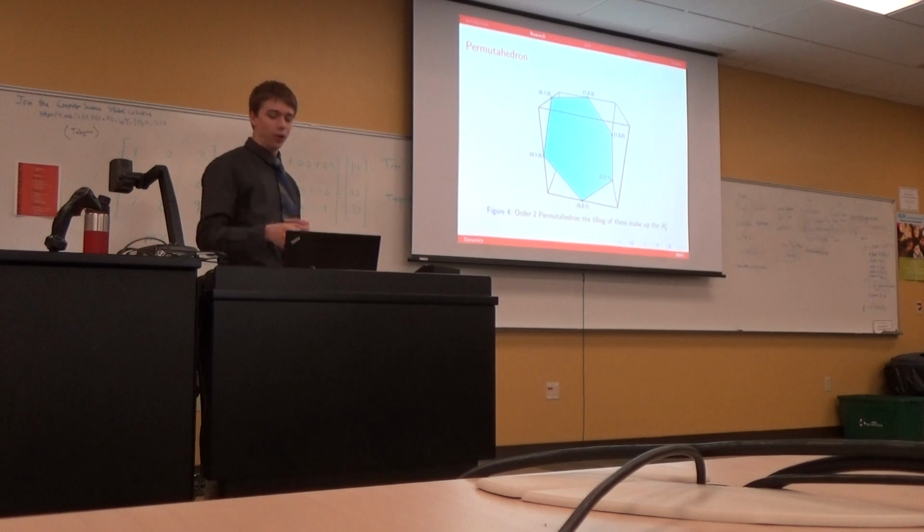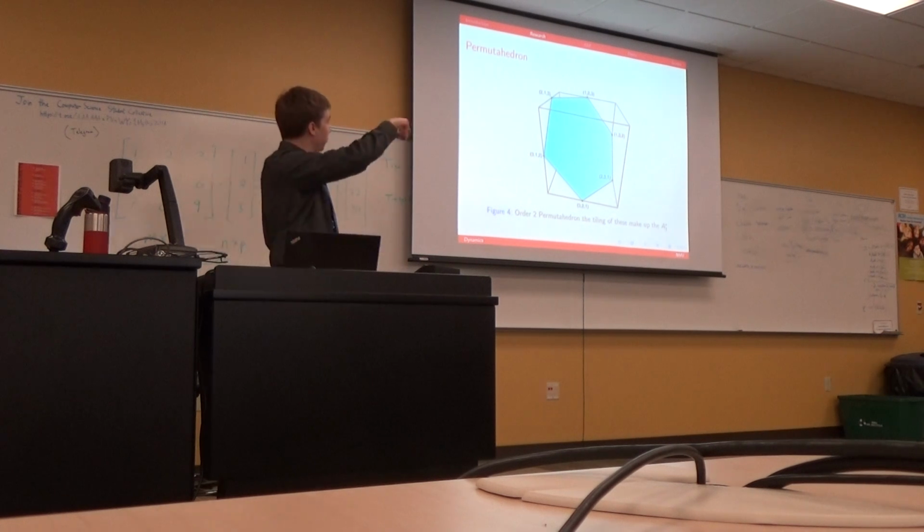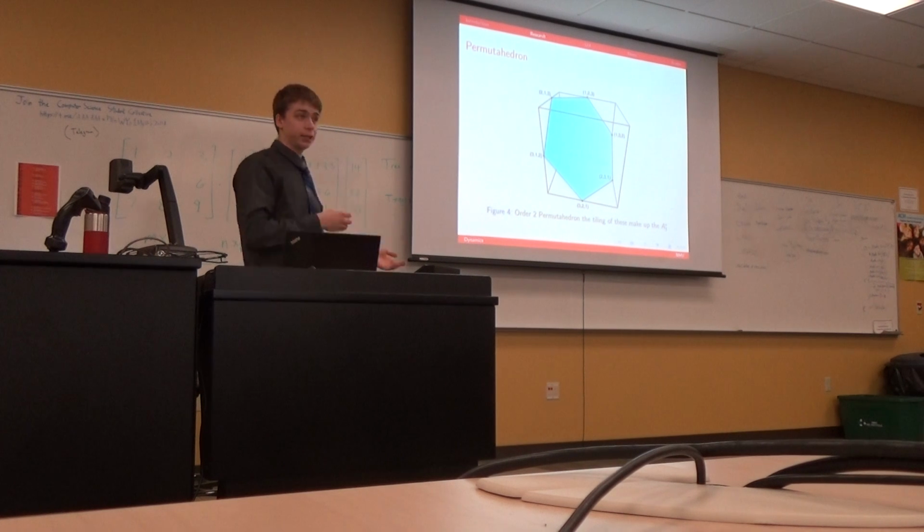This is an order 2 permutahedron, which, actually, that's an order 3 permutahedron because it's a 2-dimensional shape. You notice it's a 2-dimensional hexagon that bisects a 3-dimensional cube, and in this case it has side length of 2. So if you tile all of these and you adjust the camera or our viewpoint to be orthogonal to this plane that we've tiled it with, we get the A*3 lattice, if that makes sense.